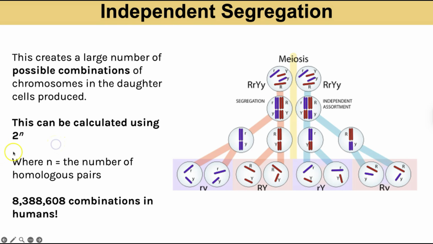So for humans, that would be 2 to the power of 23, which is over 8 million. So because of independent segregation, there's over 8 million different ways that our homologous pairs of chromosomes can line up at the equator, and therefore over 8 million different potential gametes one human can make, just from independent segregation.